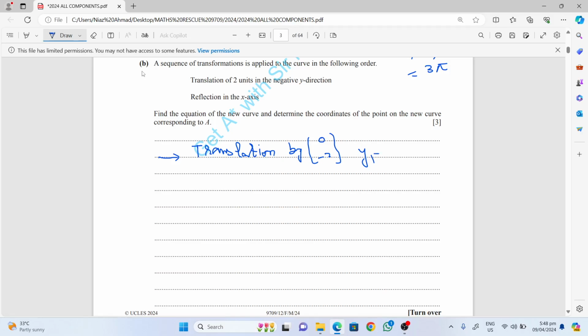So it will be like y1 equals k sine x by 2 minus 2. This is the first translation, the translation of two units in the negative y direction. The second transformation is a reflection in the x-axis. So you have to describe the transformation.